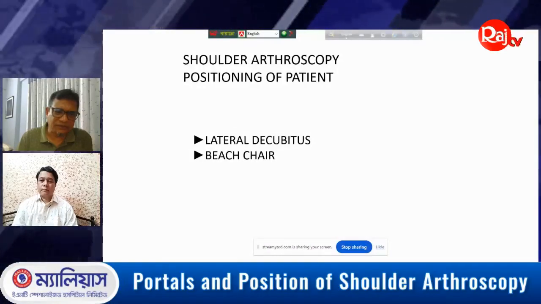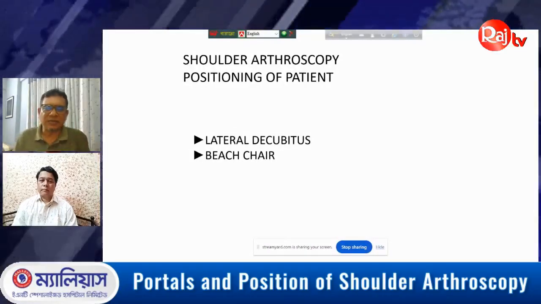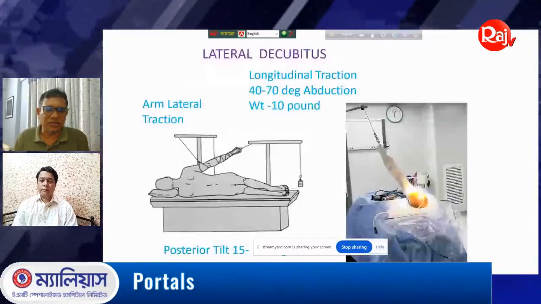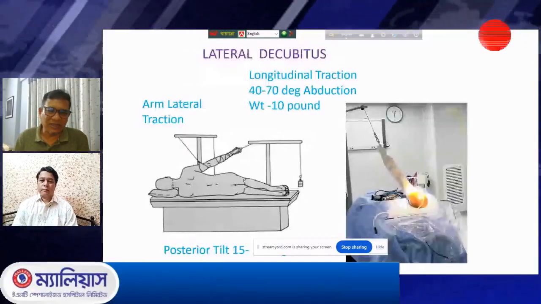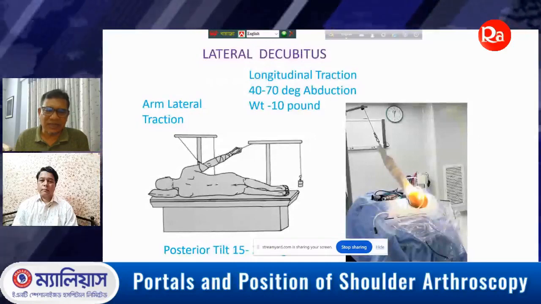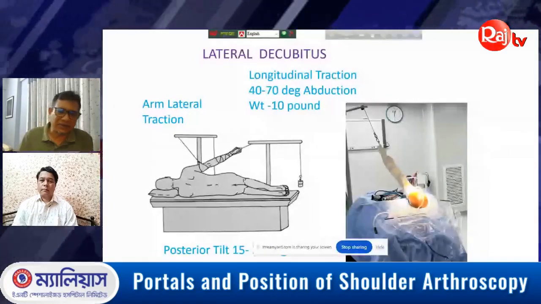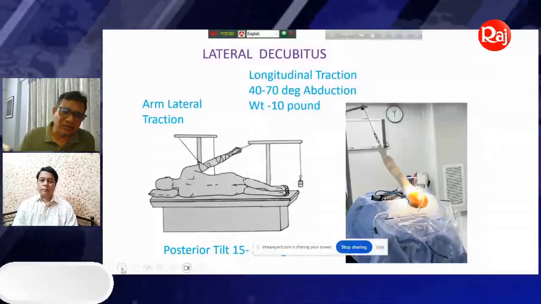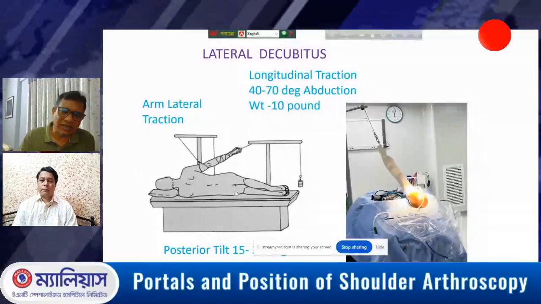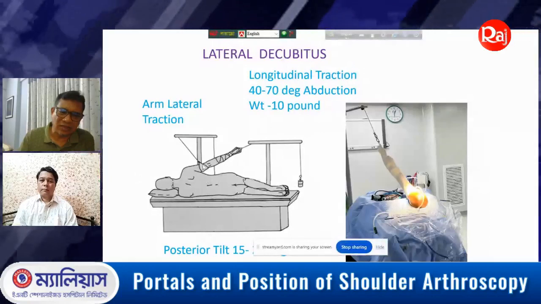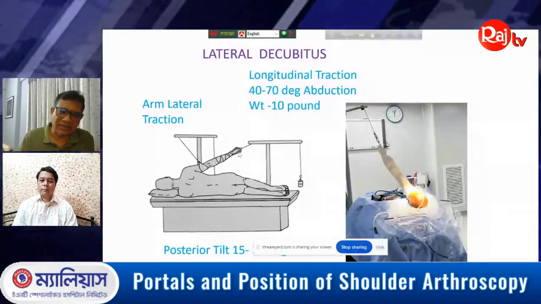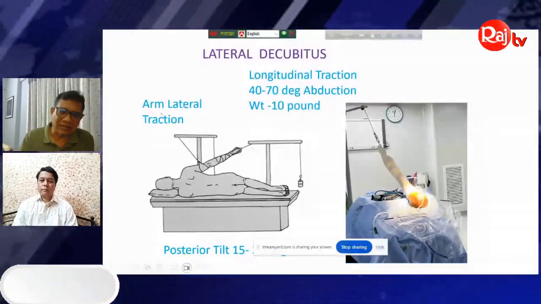In the lateral decubitus position, we put the patient in lateral decubitus, and there are some important requirements. You can see the patient is on the table and there are two tractions: one is longitudinal traction, another is lateral arm traction.